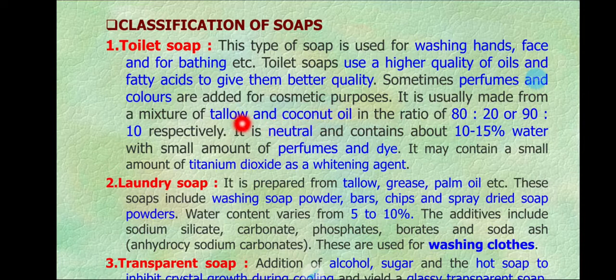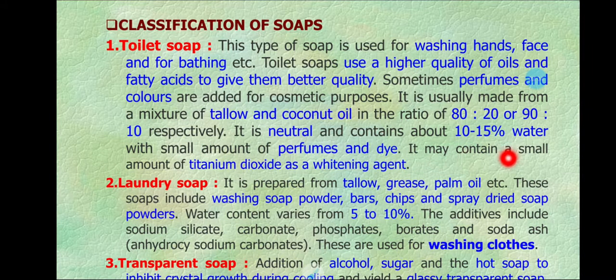The ratio of tallow and coconut oil is 80:20, that means 80% tallow and 20% coconut oil. The second proportion is 90:10, that is 10% coconut oil and 90% tallow. It is neutral and contains about 10 to 15% water with small amounts of perfumes and dyes.